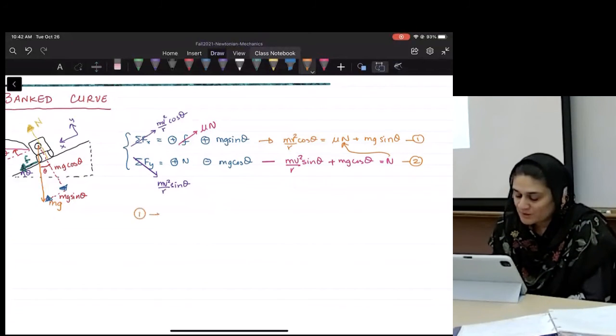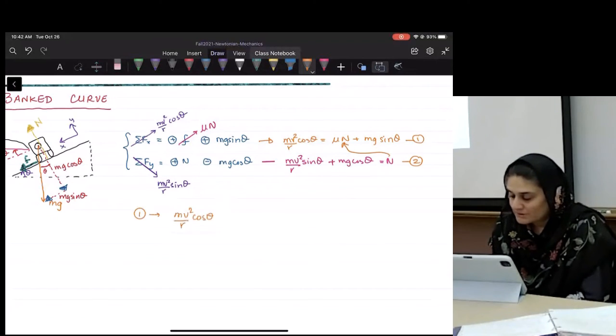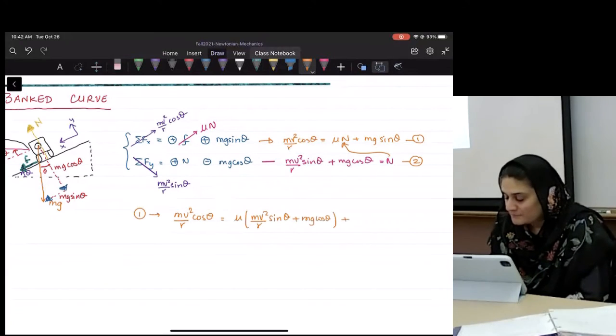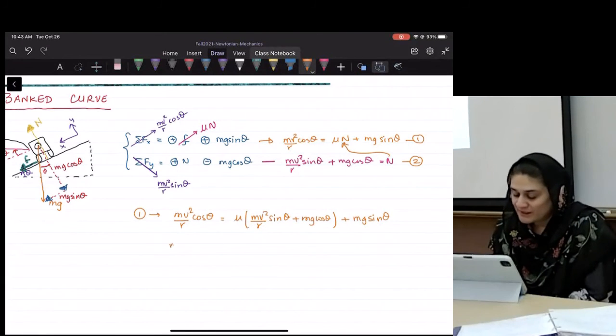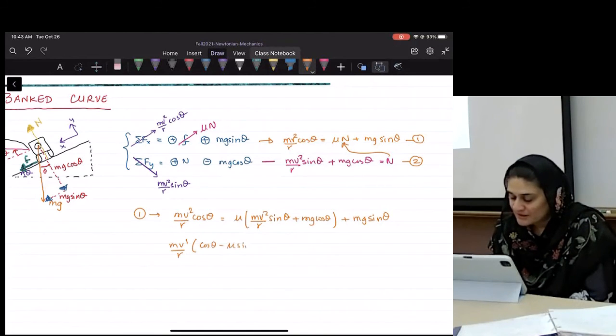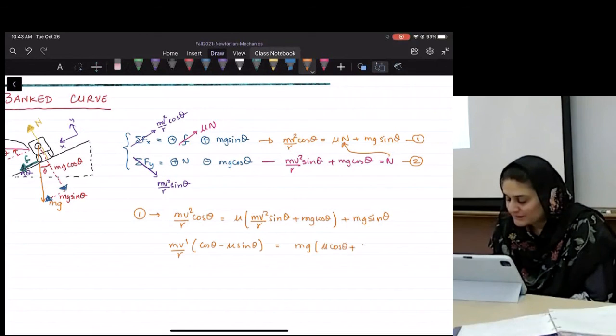I may write mv squared over r cosine theta equals mu times mv squared over r sine theta plus mg cosine theta plus mg sine theta. Okay, may I move mv squared over r together: cosine theta minus mu sine theta equals mg times mu cosine theta plus sine theta.